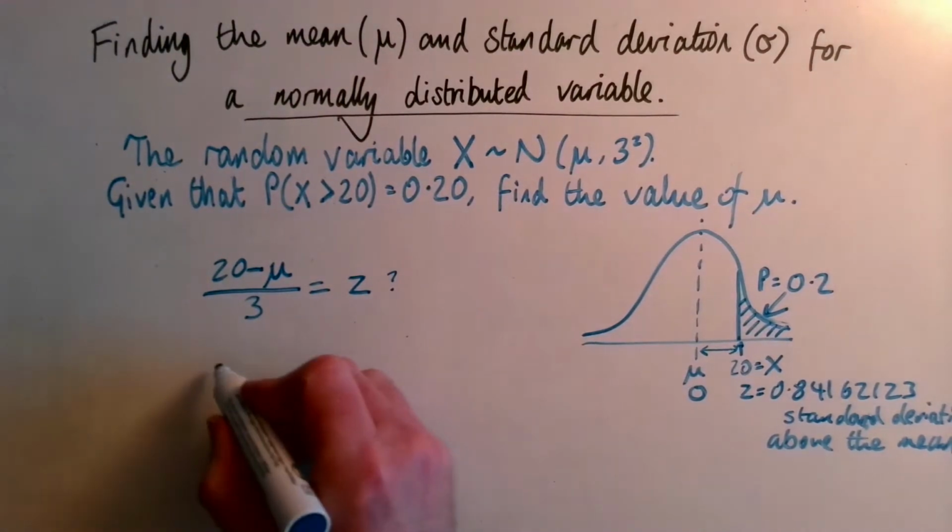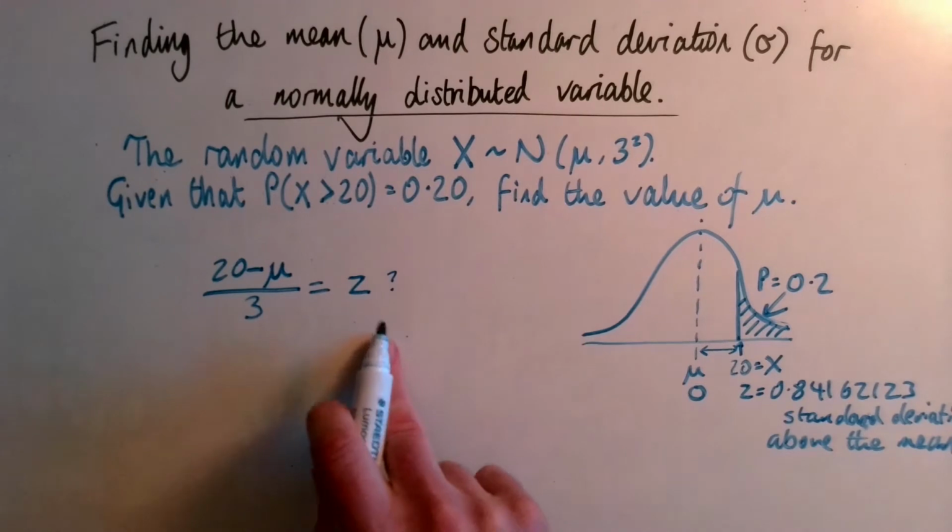Now I can work backwards from knowing that. So I know that 20 minus the mean, over 3, is going to be 0.84162.